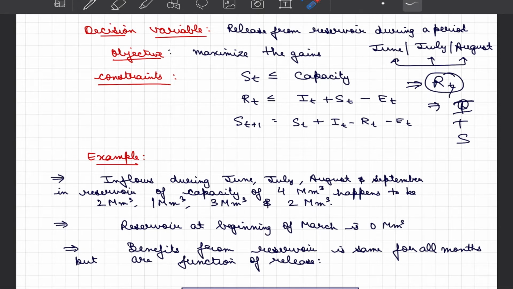These gains could be in the form of minimizing losses because of flooding, or maximizing production, or managing droughts, and so on. And we always have constraints, because whenever we talk about optimization, the three things we should always ask are: what is our decision variable, what are we trying to maximize or minimize, which is the objective, and what are the constraints.